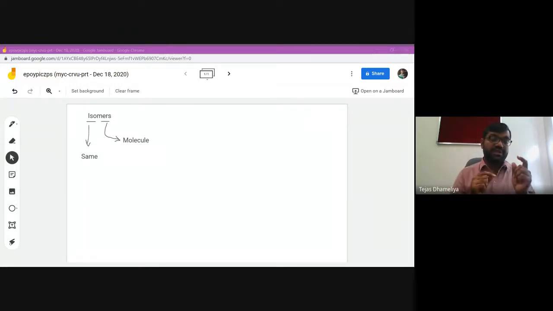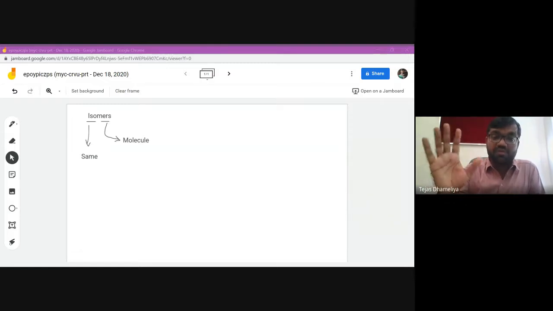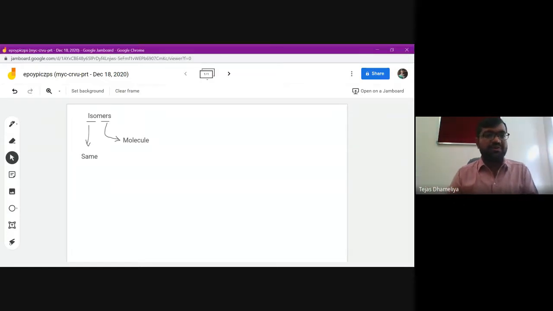So isomers belong to one particular kind of compound, but the structures are different. If structures are different, then definitely the compounds are also different, but in some way they have a common molecular formula. You know what is called the molecular formula, which is ultimately responsible for creating the molecular weight.